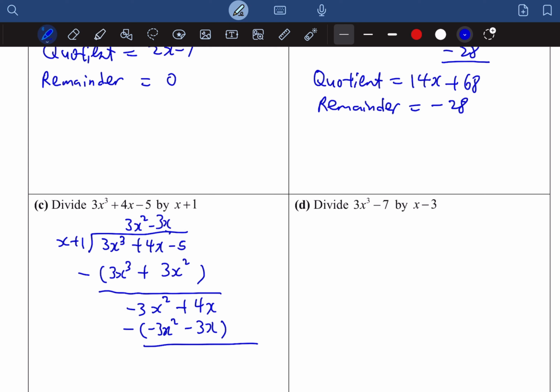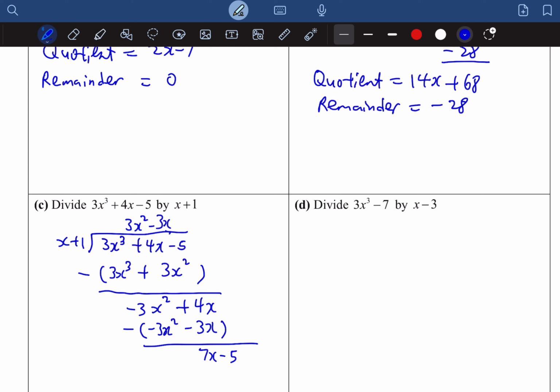So minus becomes plus, so my x squared is gone. So I have 4x minus negative 3x, which equals 4x plus 3x, so it's 7x. I have a minus 5. So this 7x minus 5 has degree 1, the same degree as the divisor, which is also 1. In this case, we cannot stop, because same degree cannot stop.